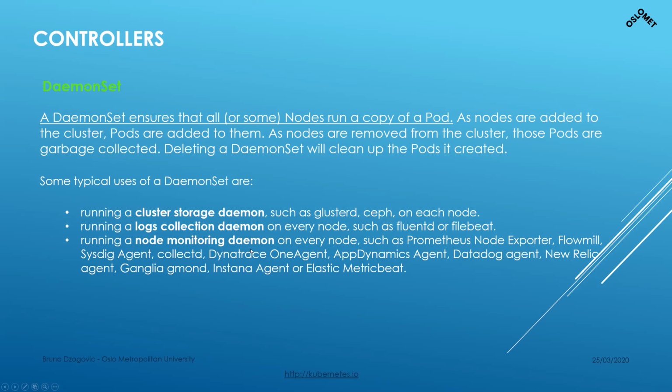There are endless ways you can do that. You don't need to use the node exporter from Prometheus, which will take information from the nodes, but you can use Flowmill, you can use sysdig agent, collectd, Dynatrace, or anything. There is also Elastic Metricbeat. It's similar to Prometheus node exporter. It works in the same way. Everything works with Kubernetes. This is the beauty of the system.